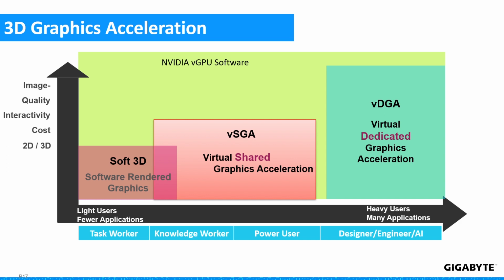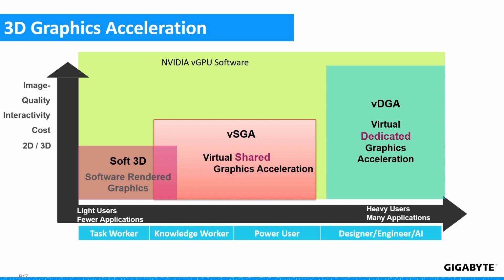Then the power users, designers, and engineers who really require a powerful GPU or several GPUs to do their work. And in some instances, they use VDGA, Virtual Dedicated Graphics Acceleration, where instead of sharing a virtual GPU across multiple virtual machines, they may prefer all the vGPU resources devoted to one user.